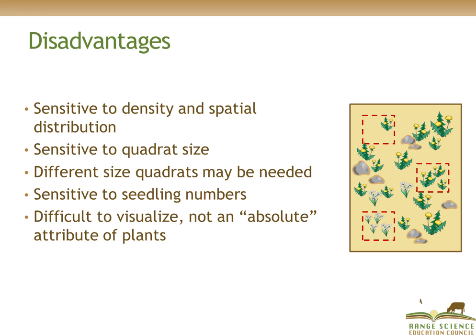The same can be said for cover or for biomass. But because frequency measurements depend on the size of the quadrat, and they change with the size of the quadrat, it is not an absolute measure of the plant population. It's not independent of quadrat size.